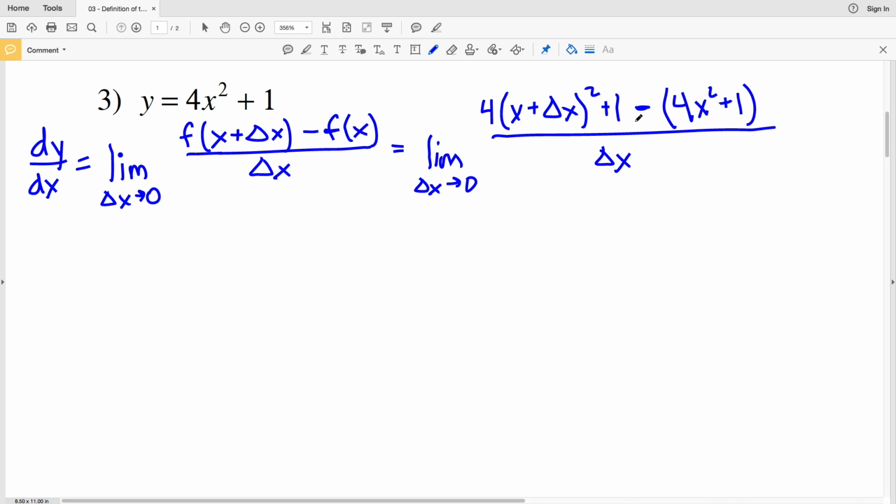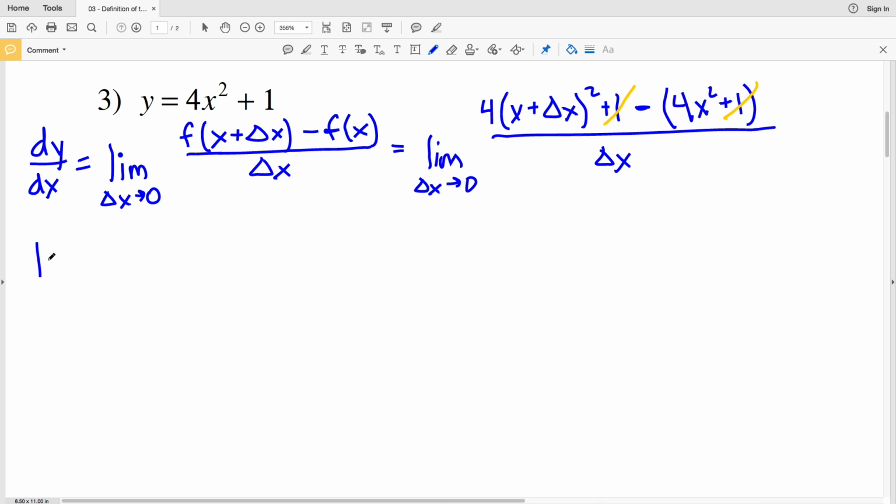So what I'm going to do is simplify. I know that 1 will cancel out with 1 because 1 minus 1 is 0. And expanding out x plus delta x squared, that's equivalent to x plus delta x times x plus delta x. So that's going to be a squared plus 2ab plus b squared.